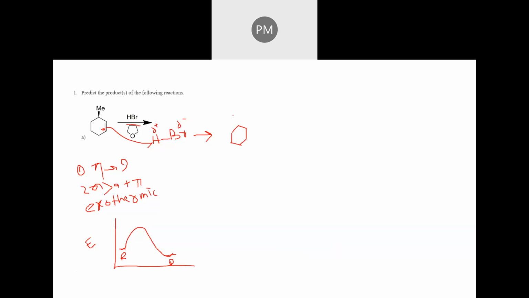There is one methyl above the plane, and the hydrogen is abstracted here, and the positive charge comes here. Now in the reaction medium we have Br minus.